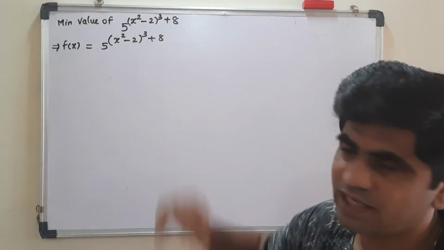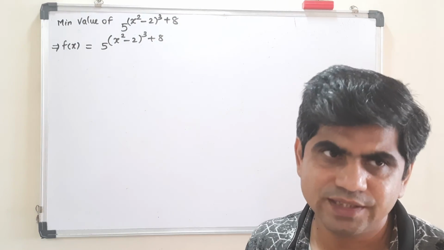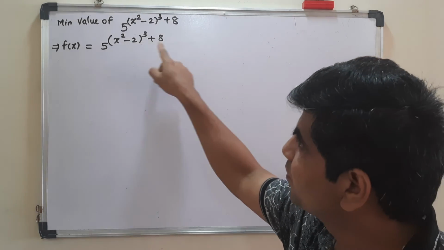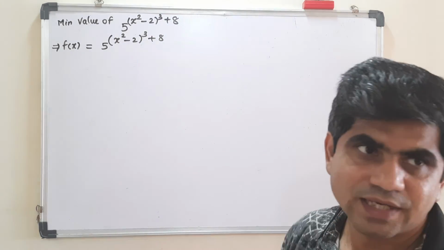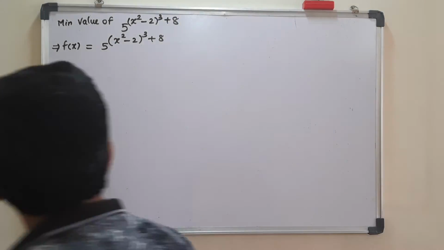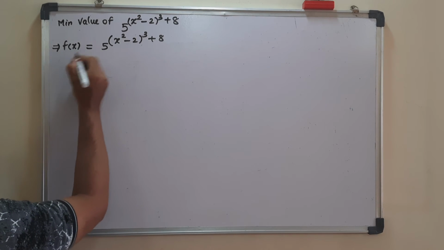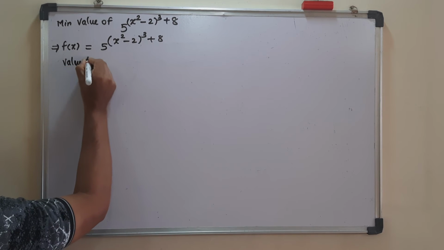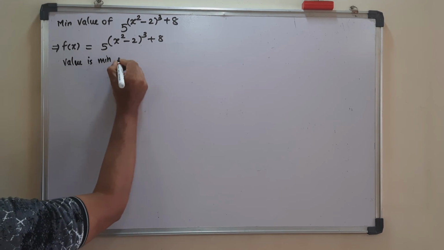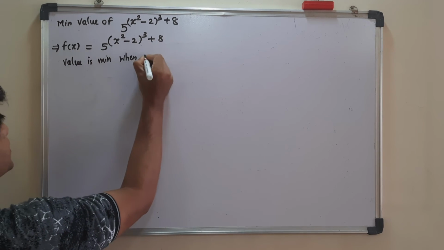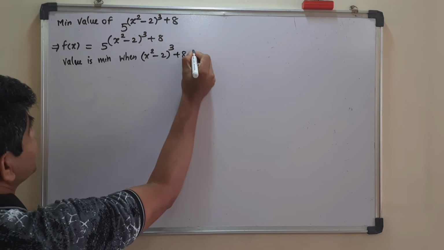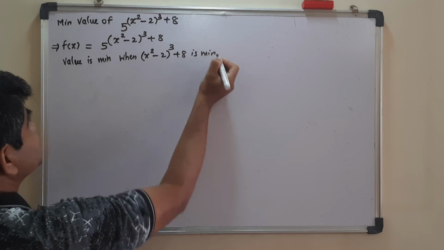Obviously it is a raised to x for a function, or a raised to t, something like that. This will be minimum when this particular value is minimum. So the value is minimum when obviously this (x square minus 2) the whole cube plus 8 is minimum.